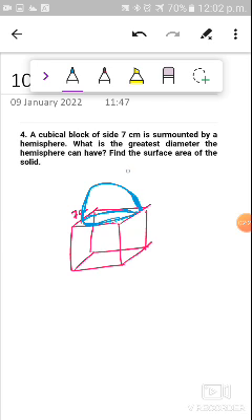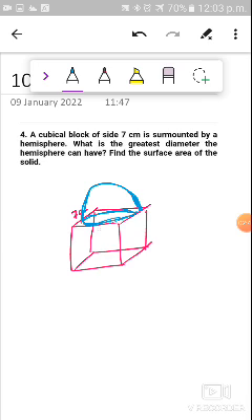So you see, the greatest diameter of the hemisphere will be equal to the side of the cube. Okay, if you take the diagonal in any part, the hemisphere will go out of this cubical block.